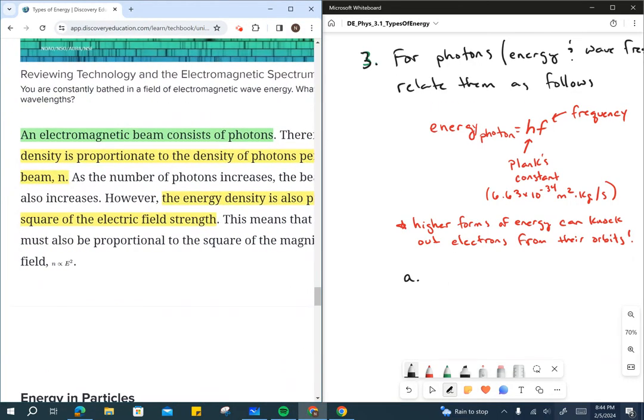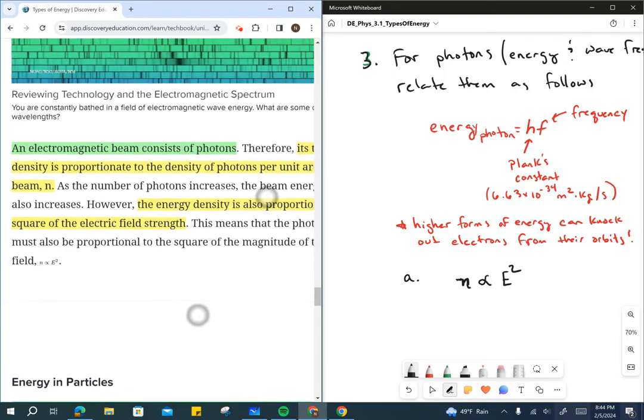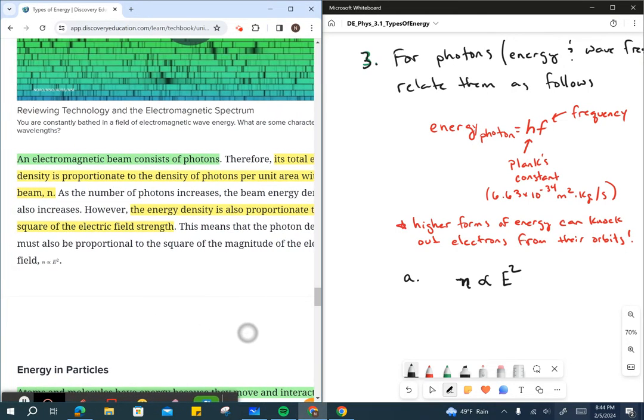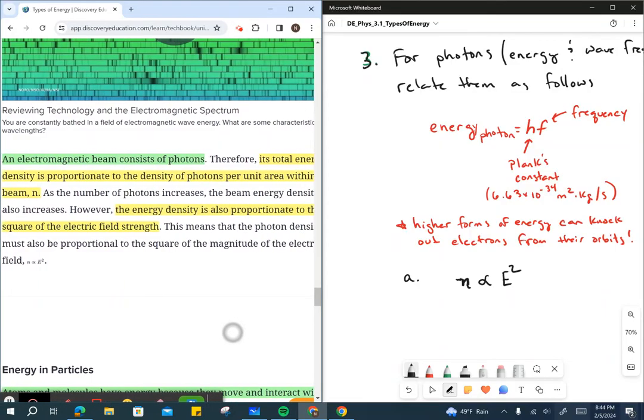We're going to say that N is proportional to E squared, okay? This means that the photon density must be proportional.